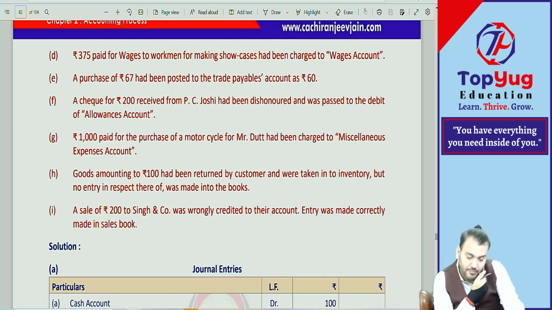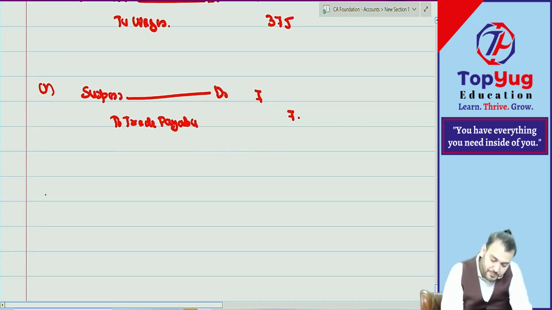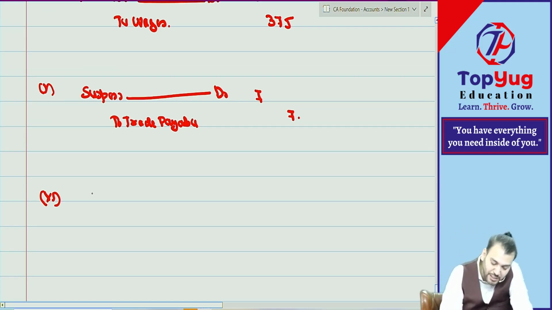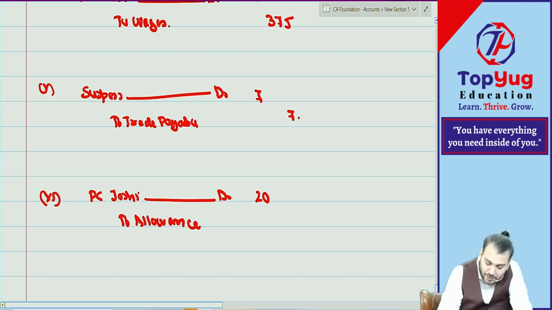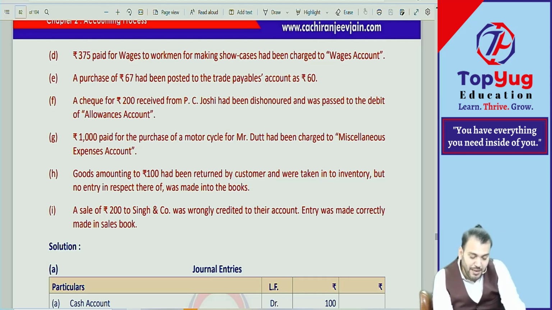What is the dishonor entry? PC Joshi to bank, but they have wrongly debited allowance account. So what journal entry? PC Joshi account debit to, very simple. What is the amount? 200. Okay, sir.